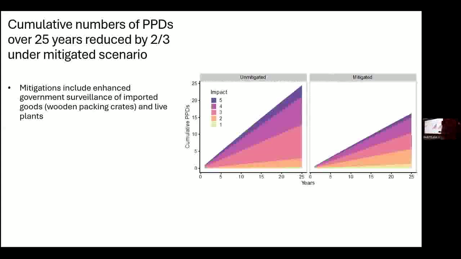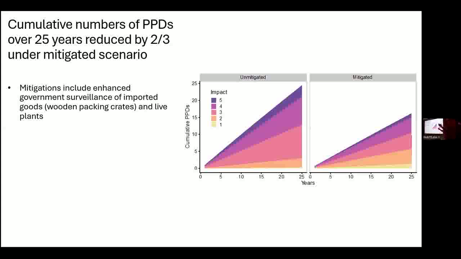Okay, so what does this all look like? Once we've got our probabilities of arrival, we can plot out over 25 years how many of the different impact classes are likely to arrive in an unmitigated case and a mitigated case.